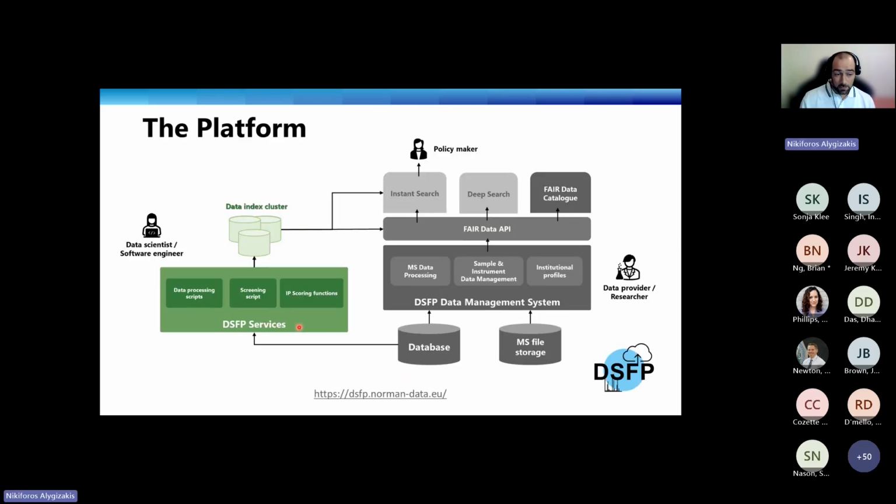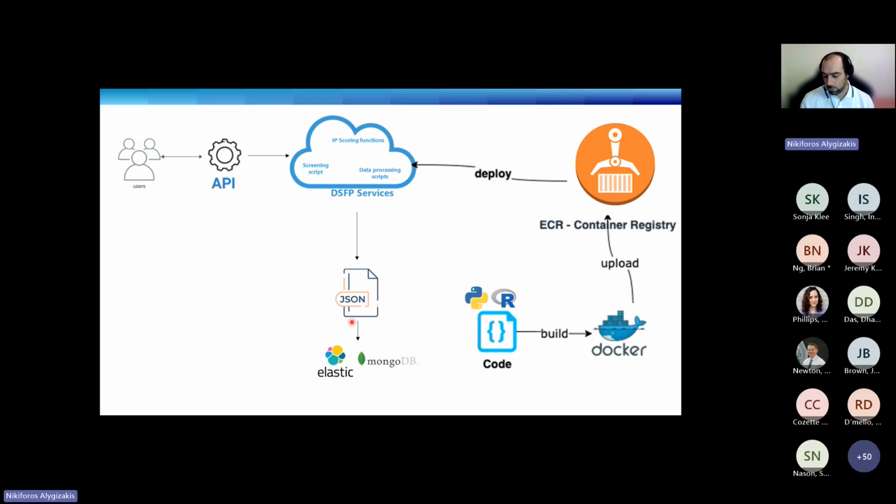Final word on the DSFP services. We have numerous DSFP services, and everyone can create services. The way this is done is pretty straightforward, but it requires some deep knowledge of programming. No matter what you do, you will create a script that is written in Python, in R, in JavaScript, or another language.